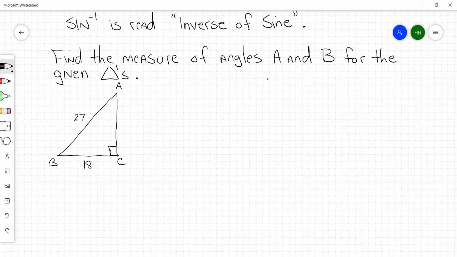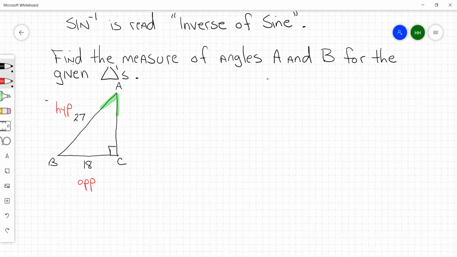Yeah. All right, so we're trying to find A and B here. So I'm going to find A first, and then after we find A, we can just subtract it from 90 degrees, and that'll be B, right? Good. So look what you got. In relation to angle A, you've got a hypotenuse, and you've got an opposite.